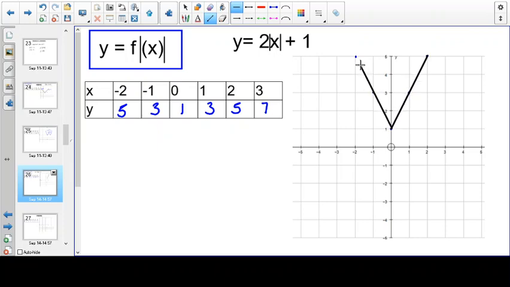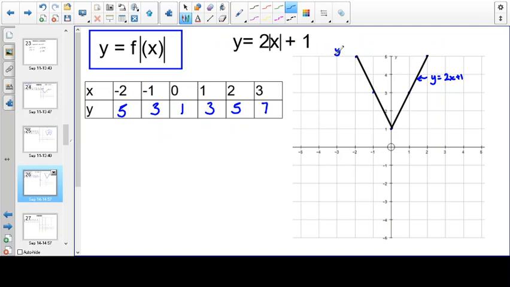And then up to there. So this one, as you can see, is a mirror image in the y-axis. This bit, the whole thing is the modulus graph, but this stick here is y equals 2 times positive x plus 1.